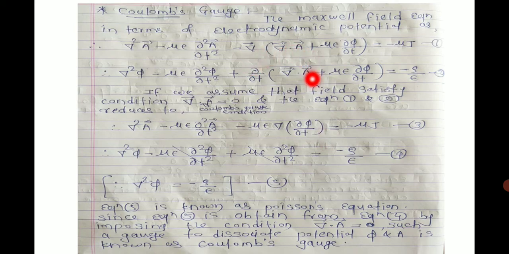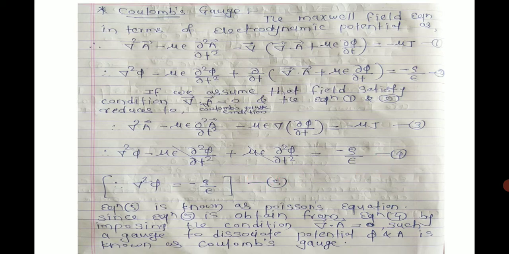And then with del dot A equal to 0, del square phi minus mu epsilon d square phi by dt square plus, multiplying the d by dt, the first term will be 0, that means plus mu epsilon d square phi by dt square, and this cancels with the minus mu epsilon d square phi by dt square, is equal to minus rho divided by epsilon. These are equation 3 and equation 4.